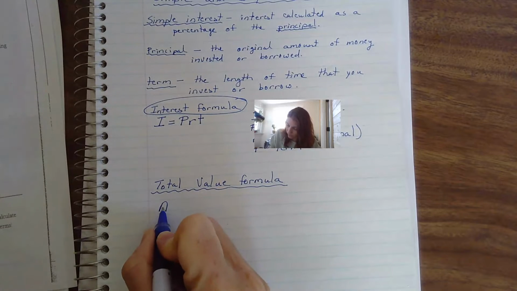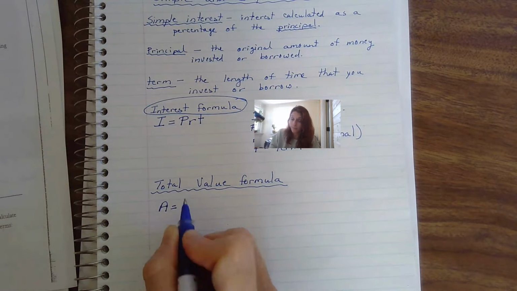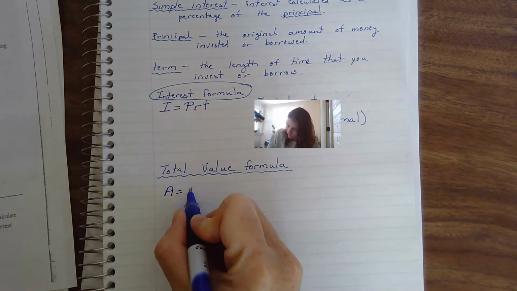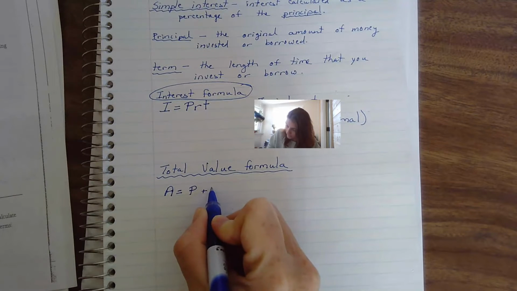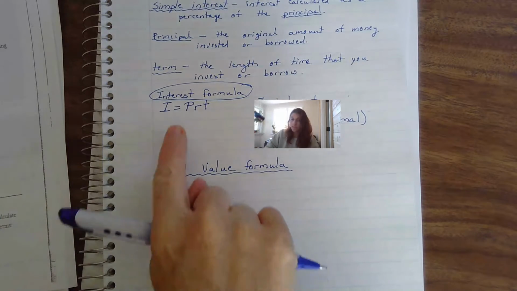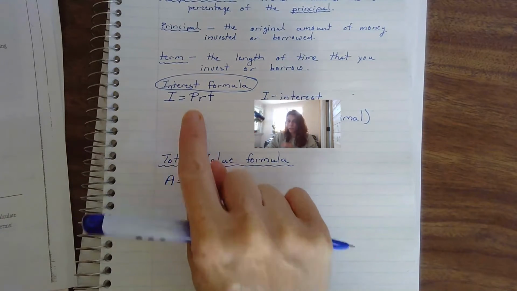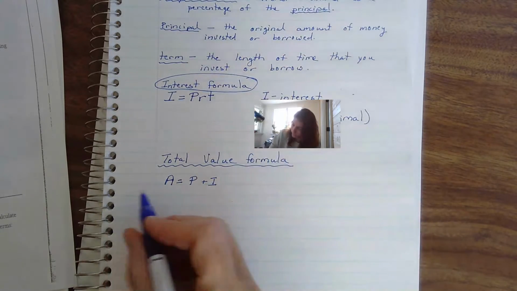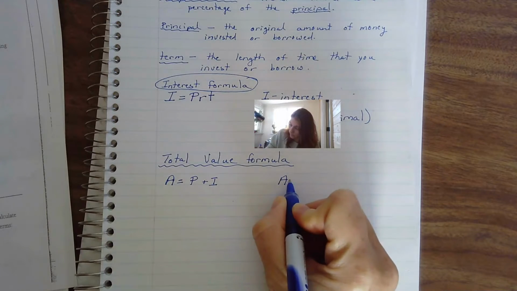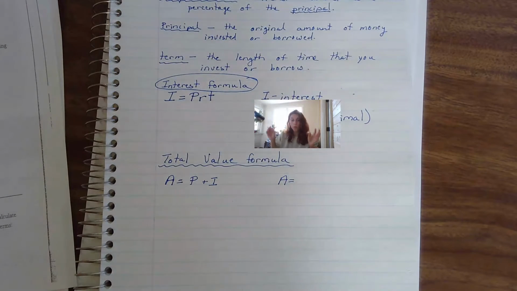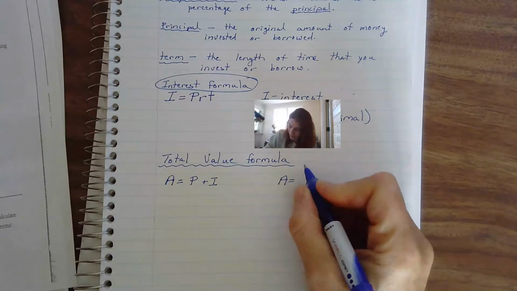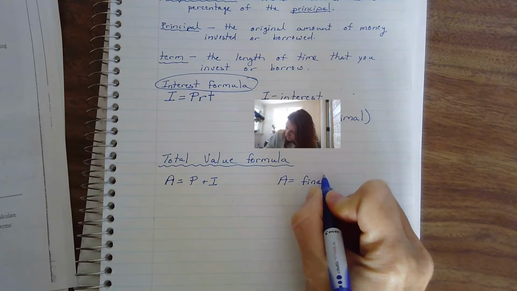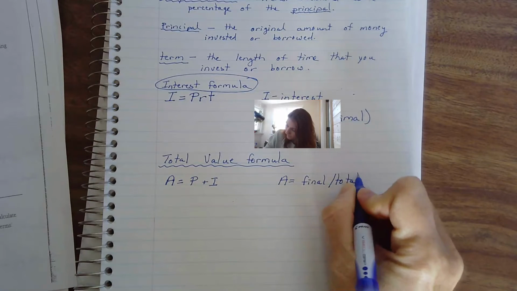And in the total value formula, we use the formula A equals P plus I. Now you can see from the above formula, we're already using those variables to represent things, okay? So A, though, in here is your total value at the end. It's the final value, how much it's worth at the end. So A is your final or total value.